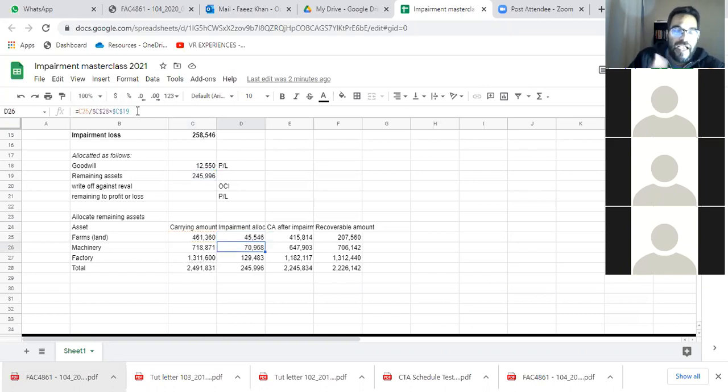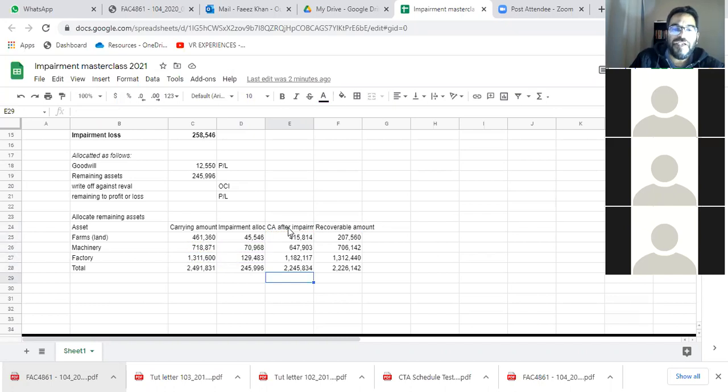Okay. Once you have allocated that impairment, you must check the carrying amounts of the remaining assets after impairment against the recoverable amount. So here we got the carrying amount after impairment.